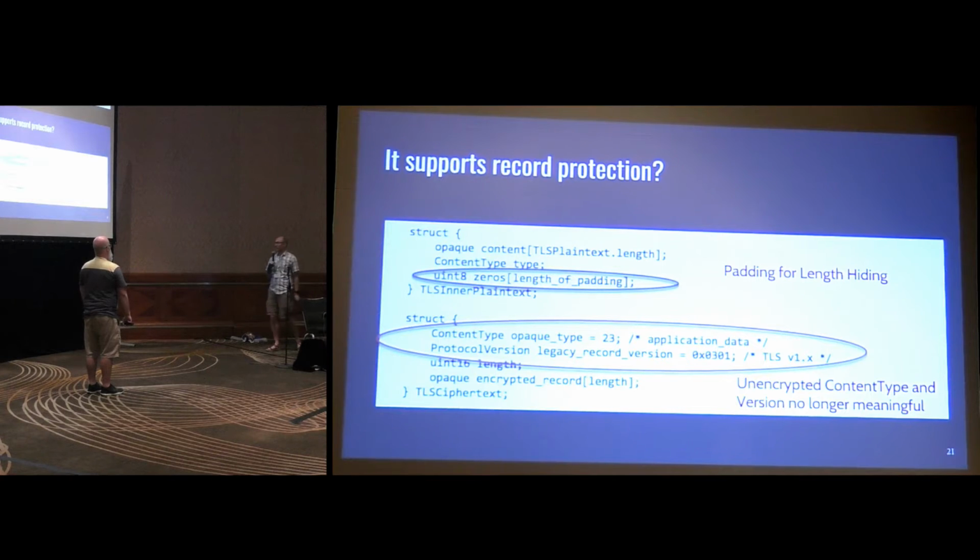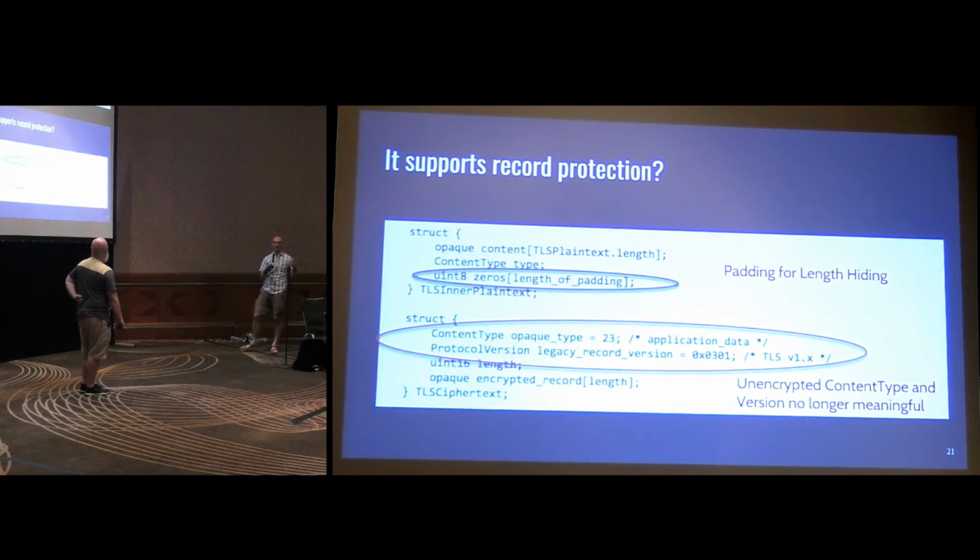Okay, so when we look at privacy issues, one of the areas that there has been concern about is in traffic analysis and the amount of information that the TLS protocol revealed to observers. And so some of that has been through the headers. There was the content type and version information as well as the length information was exposed.